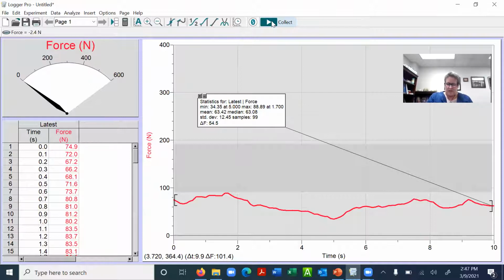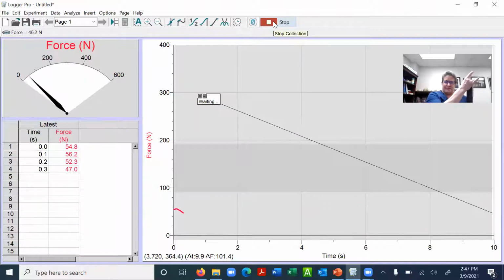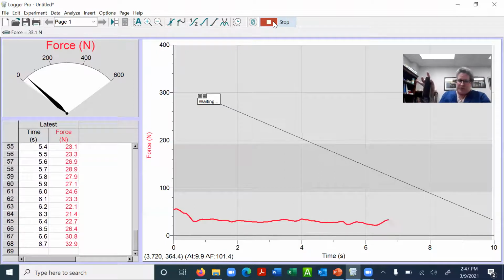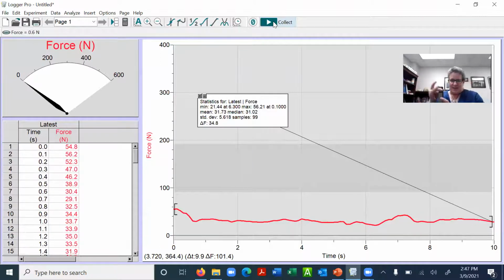Next are the middle, ring, and pinky. I'm going to repeat that experiment now with my middle finger. There we go. 31.7.